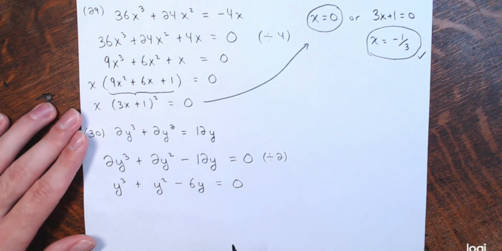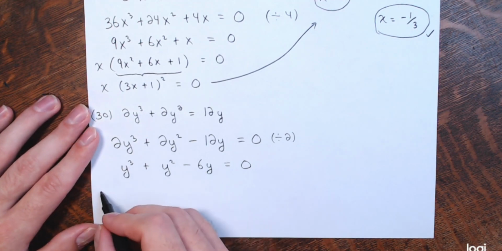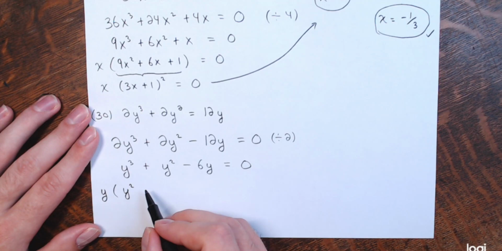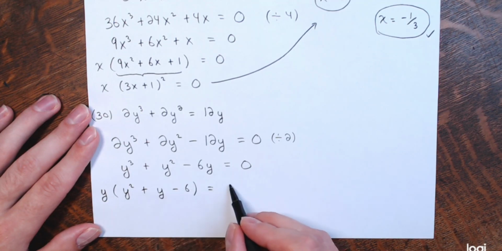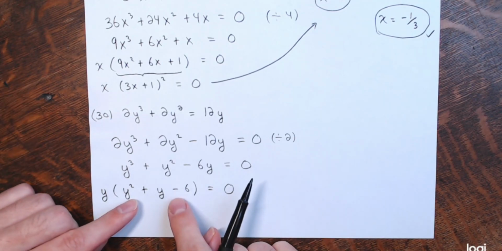And now that the coefficients are all as small as possible, I will factor. They all have a y in common. When I factor y out, I'll be left with y squared plus y minus 6. And finally, here's a trinomial that's not a perfect square. All right.